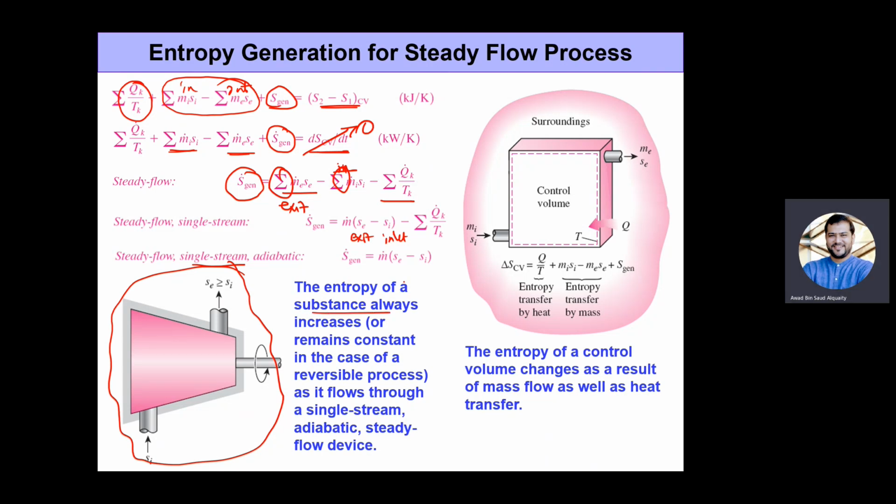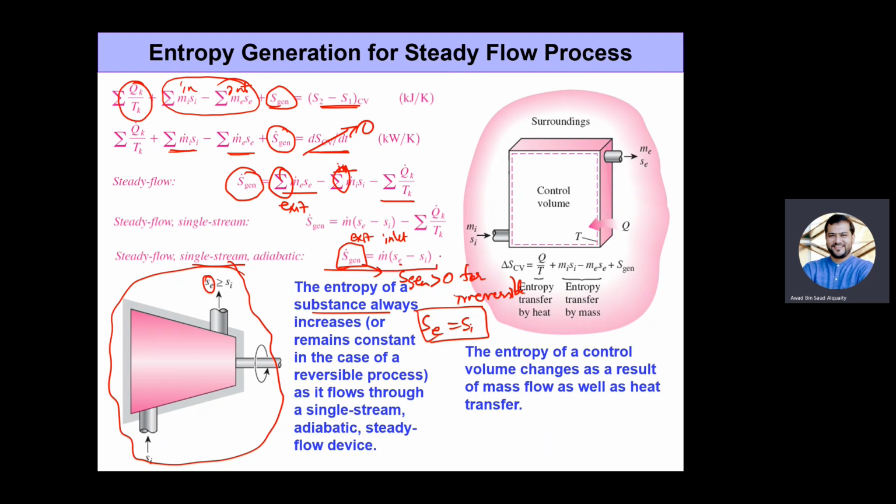All right, and the entropy at the exit increases for all irreversible processes because, well, entropy generation we know is a positive quantity for all irreversible processes. Okay, and if we are dealing with a reversible process, then of course the entropy at the exit should be equal to the entropy at the inlet. Remember, this applies only when we are dealing with a steady state, steady flow process, which is also adiabatic and has single inlet, single exit streams, right?